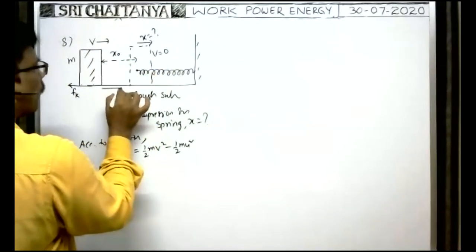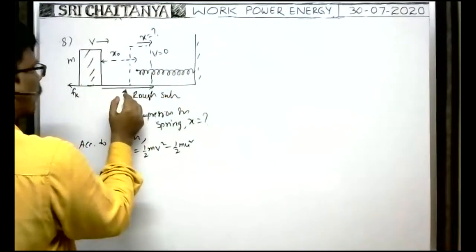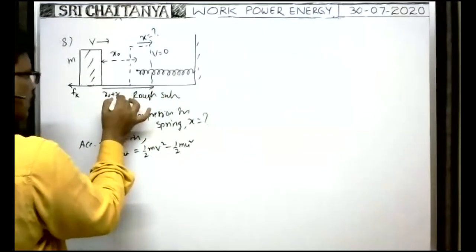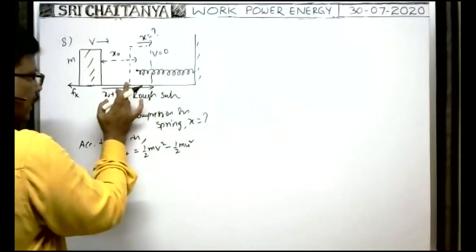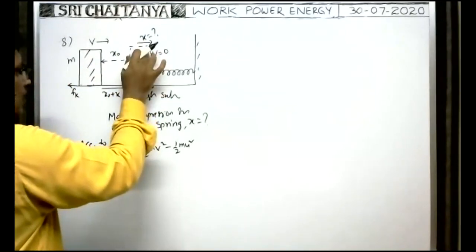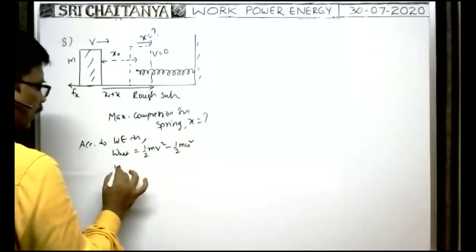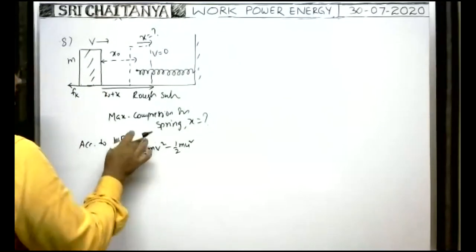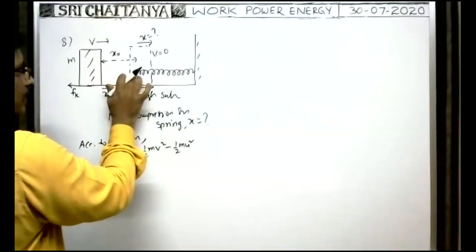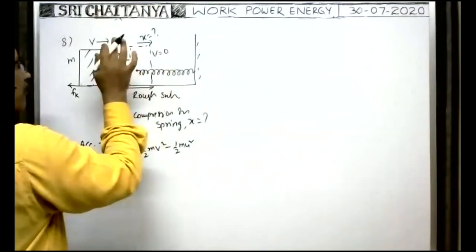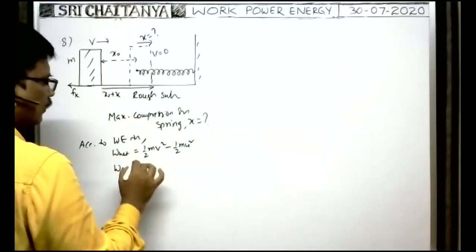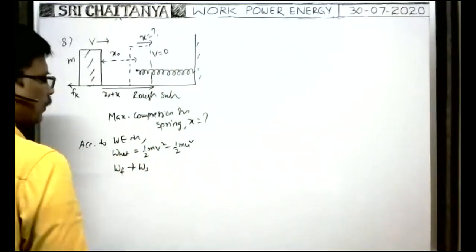This is the distance traveled by the block, that is equal to x naught plus x. So what is the work done by friction? Work is done by the friction, and at the same time, when the block comes in contact with the spring and starts compression, the spring also does some work on the block. That's why the work done by the spring is Ws.